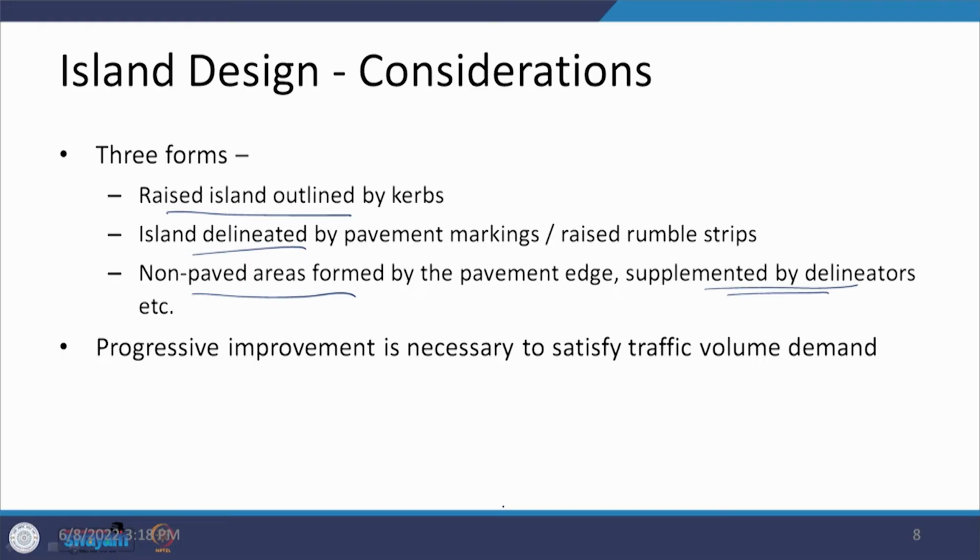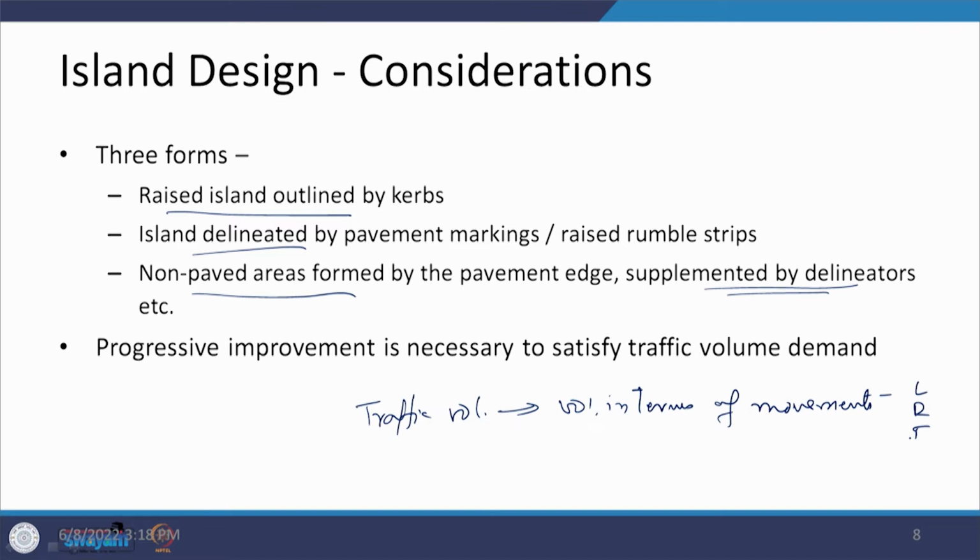Another thing is that when we are looking at these island designs, this island design is also related to the traffic volume, and it is also related to the volume in terms of movements. So, we have left, right and through movement.